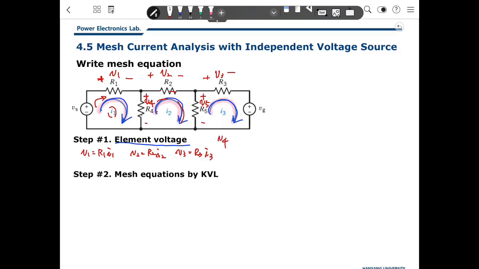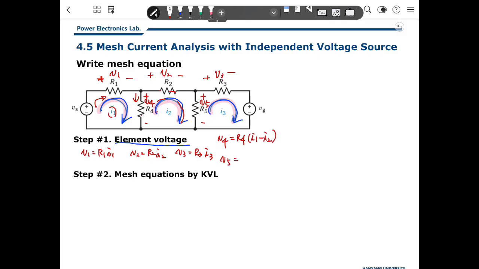Here, these are plus values and current, because this is positive, the passive convention. V equals R4 times the current, but the current is defined in this way, so there will be R4 and I1 minus I2.